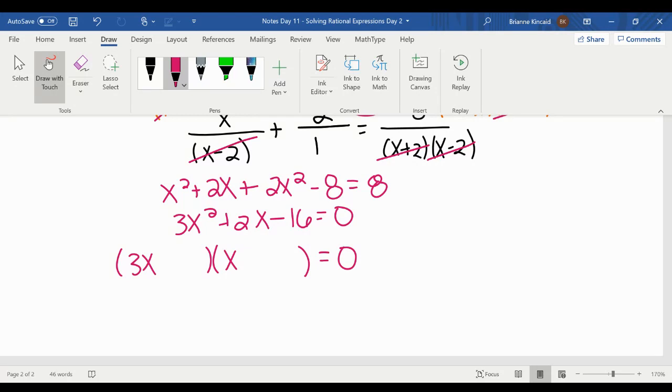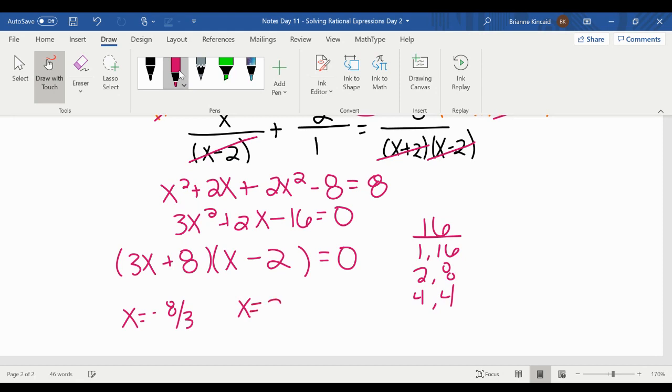And then I think about my factors of 16. That's 1 and 16, 2 and 8, 4 and 4. The way that this is going to factor is going to be 3x plus 8 and x minus 2. This first one is going to give me a value of negative 8/3. And the second one is going to give me a value of positive 2.